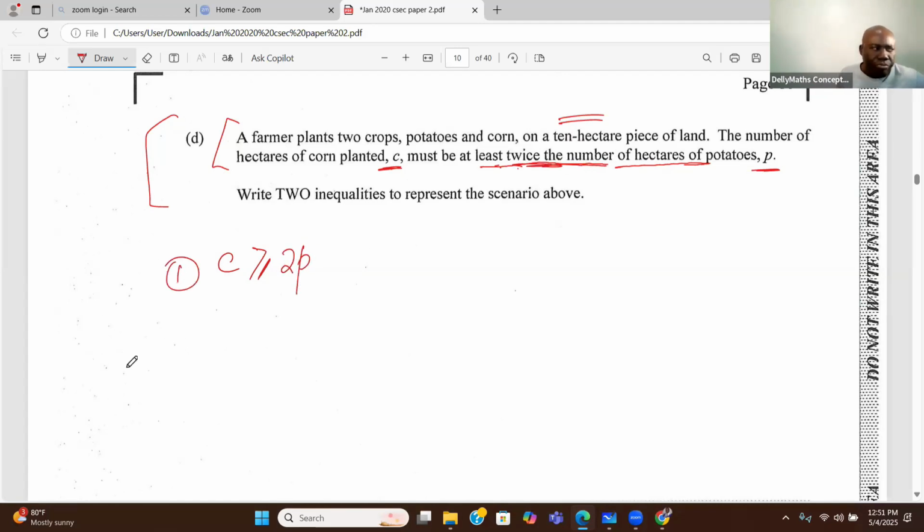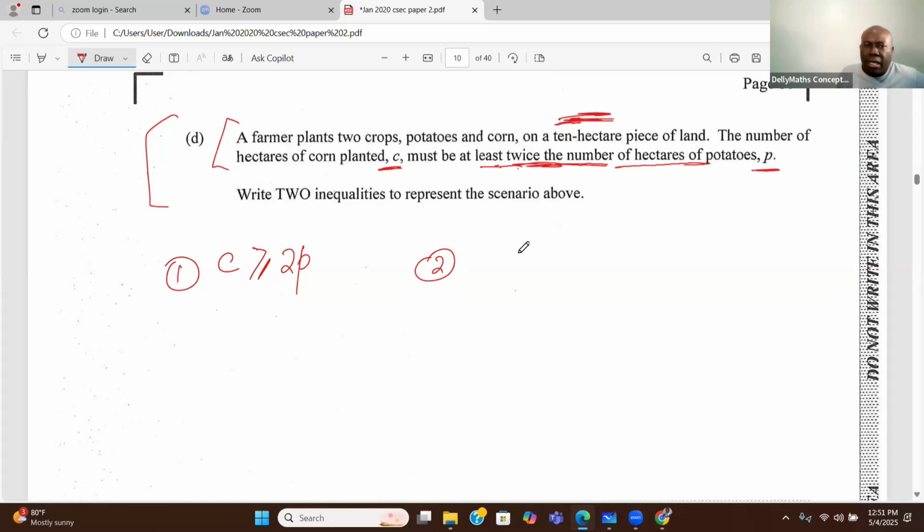That's one. Read this. A farmer plants 2 crops, potatoes and corn on a 10 hectare piece of land. So a 10 hectare you have. Remember now, we can't go over 10 hectares. So guess what?